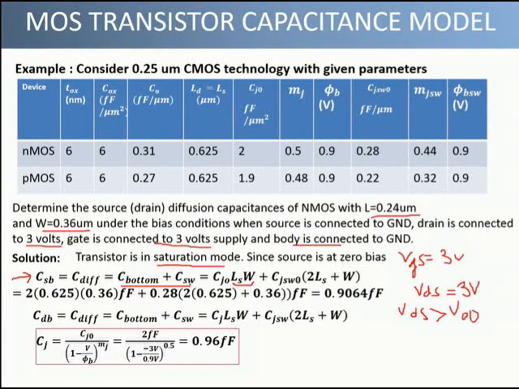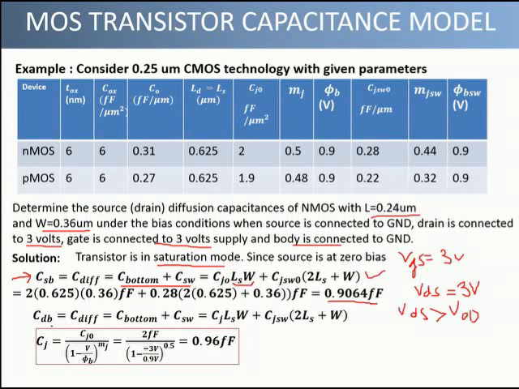Similarly, the side wall capacitance is equal to the 0 bias junction capacitance of the side wall multiplied by the perimeter. For the source and body PN junction, we have the 0 bias condition. So putting all the values from the table, the source body junction or diffusion capacitance is equal to 0.9 femtofarad.